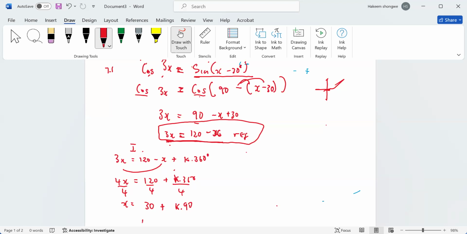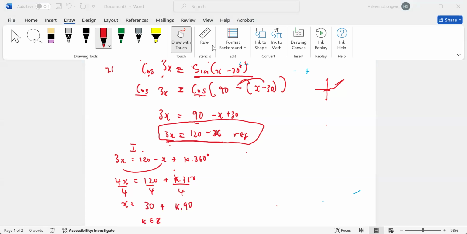I didn't understand the first part. Why did cos 3x equal to sine (x minus 20 degrees) change into cos 3x equal to cos (90 minus x)?